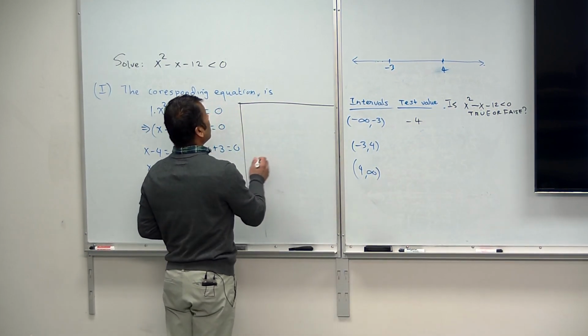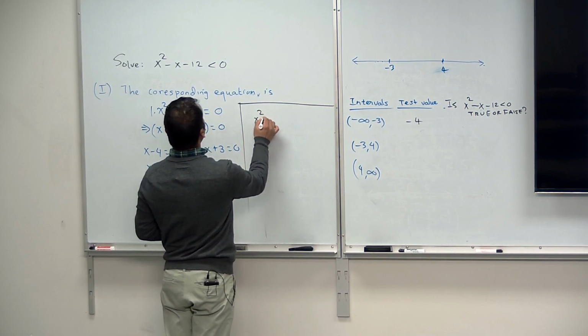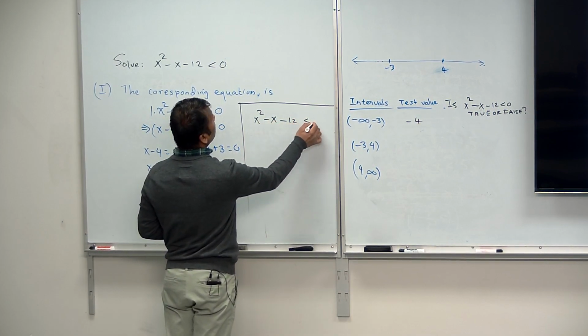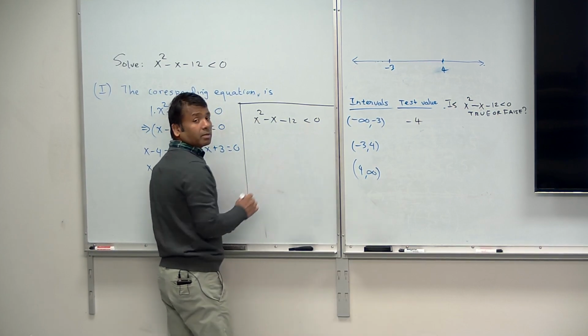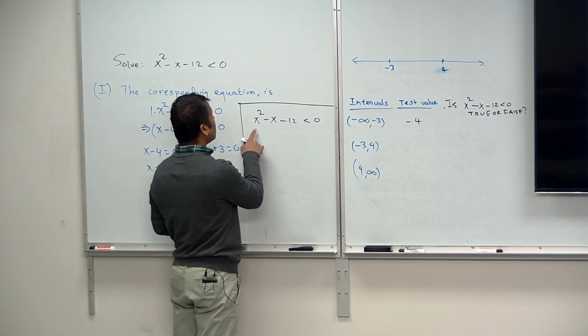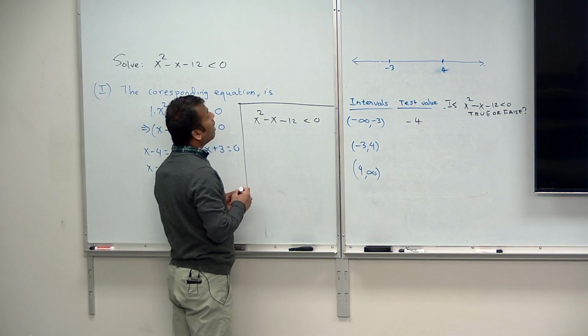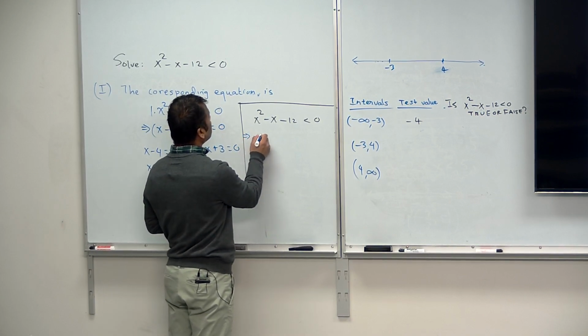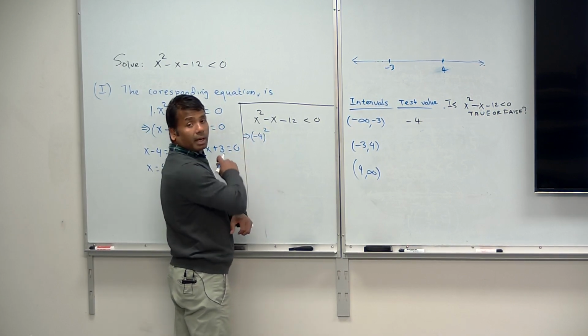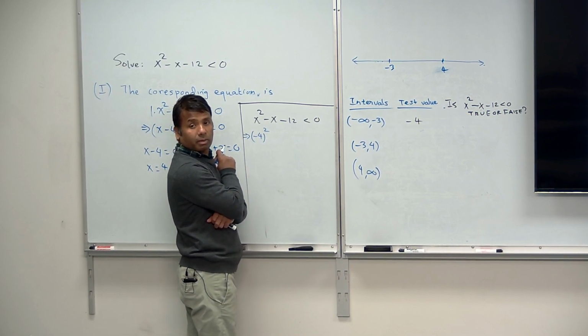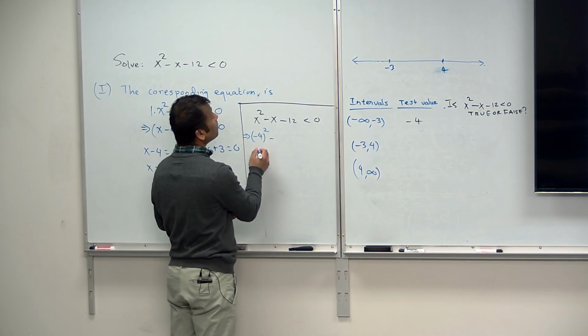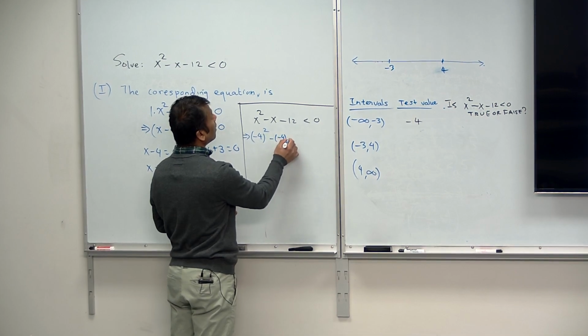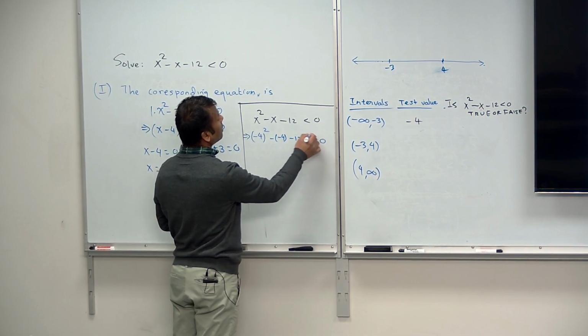So now, you have the inequality x squared minus x minus 12 is less than 0. Your test value is -4. You plug in the test value here. So if I plug in -4 here, this is (-4) squared. Are you guys with me? Minus your x, which is -4, minus 12 is less than 0, question mark.